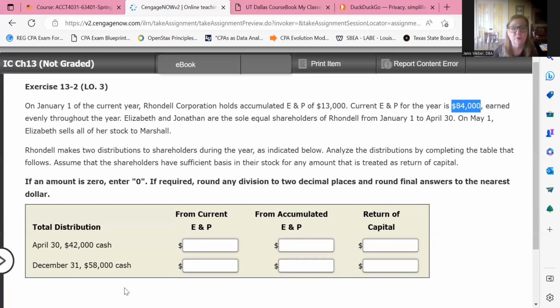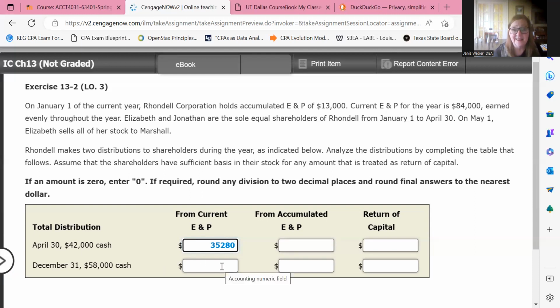So we're going to take 42% of that $84,000 of current E&P, and that's how much we're going to consider of the first distribution to be from the current. So multiplying 84,000 times 42% brings us to $35,280. And then for current E&P, you always allocate the remaining piece.